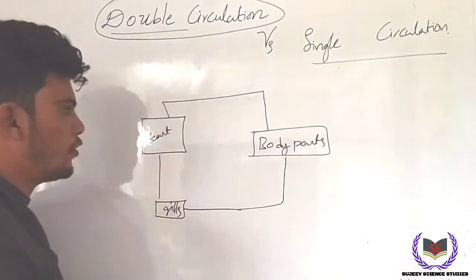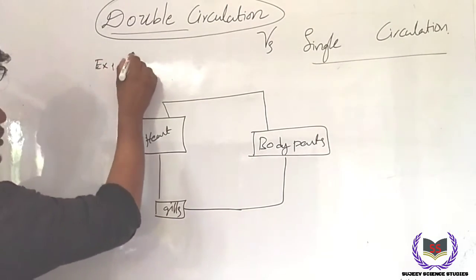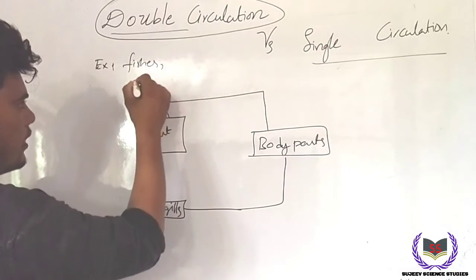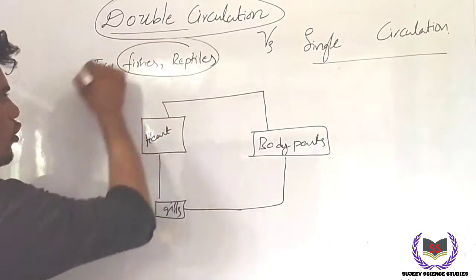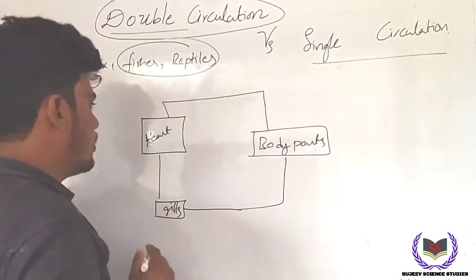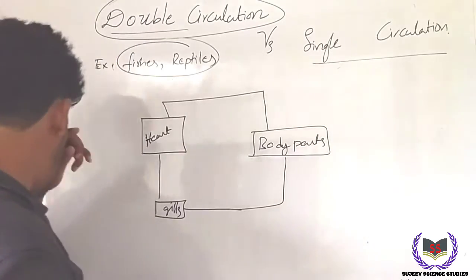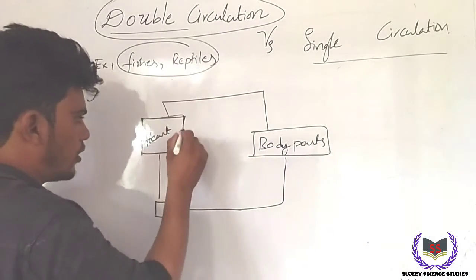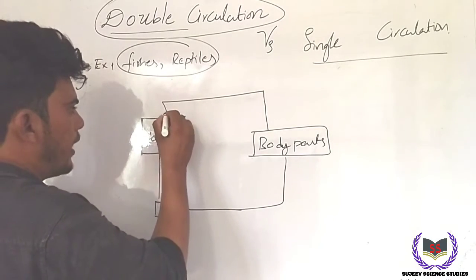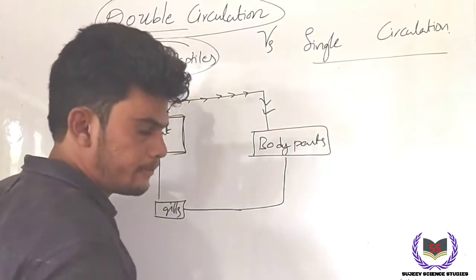Look here. If you observe animals like fishes as well as some reptiles, in these organisms the blood flows through the heart one time only. If you observe their body structure, this box is the heart. From the heart, the blood is pumped to each and every part of the body.